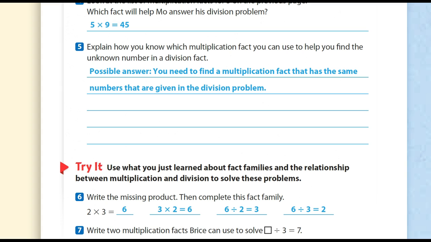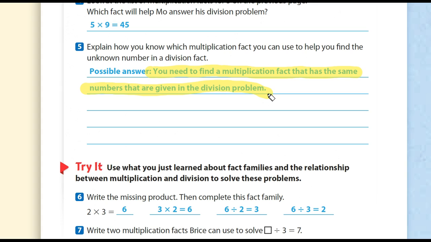Number 5, where it says, explain how you know which multiplication fact you can use to help you find the unknown number in a division fact. Well, one thing that I asked you guys to do was, in a fact family, they use the same what? 3 numbers, right? So we need to find a multiplication fact that has the same numbers that are given in the division problem.